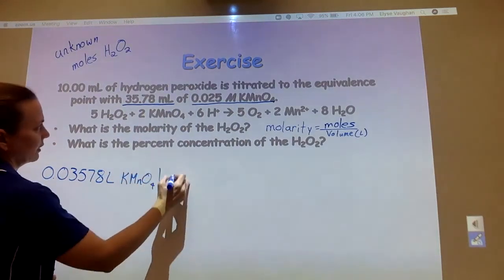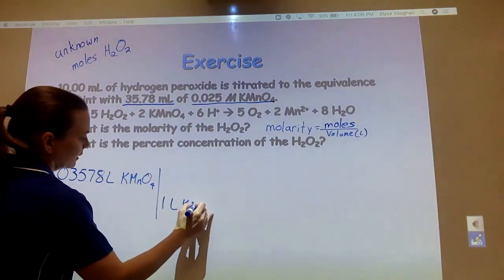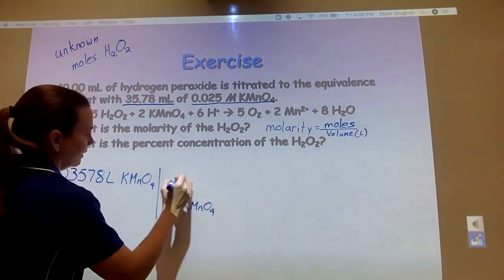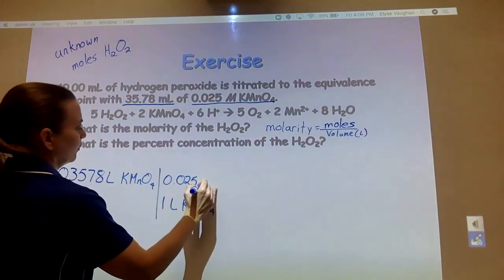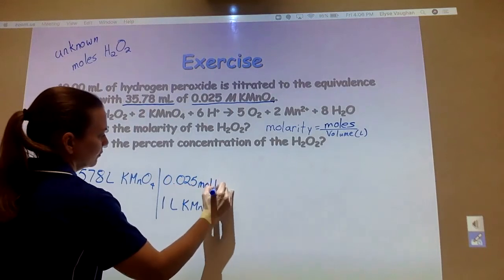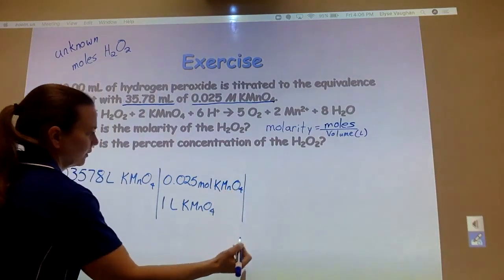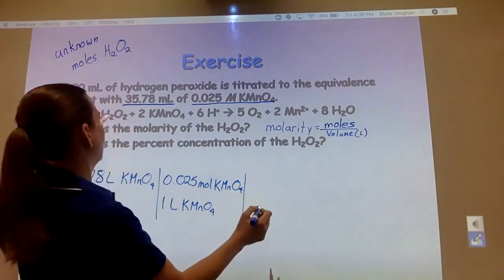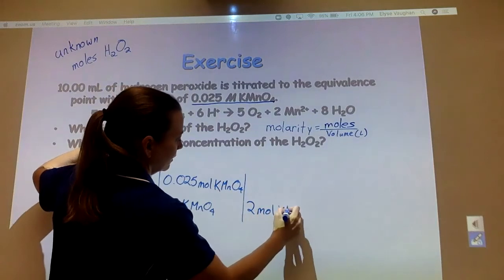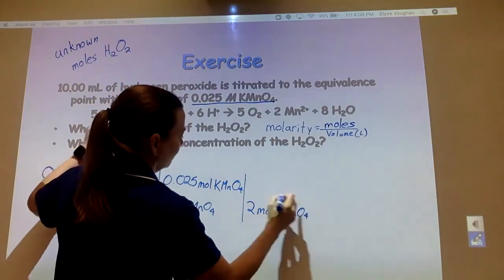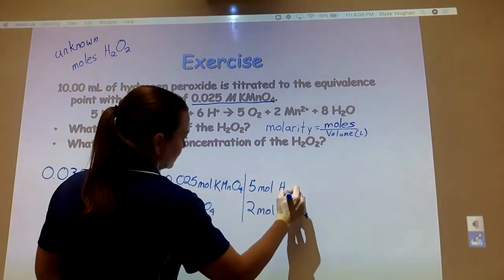And we know that for every 1 liter of potassium permanganate solution, we have 0.025 moles of potassium permanganate. And we know that for every 2 moles of potassium permanganate, we have 5 moles of hydrogen peroxide.